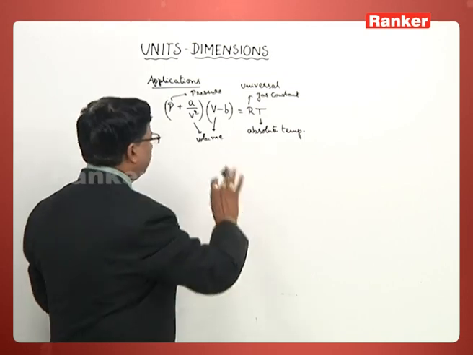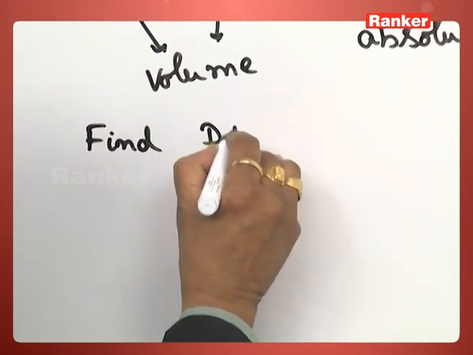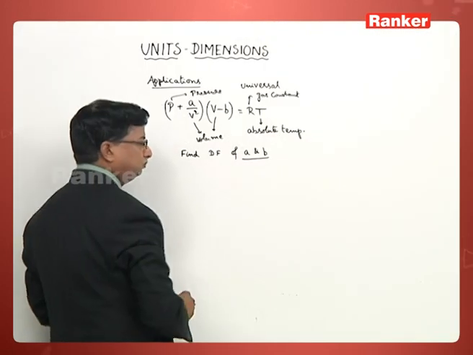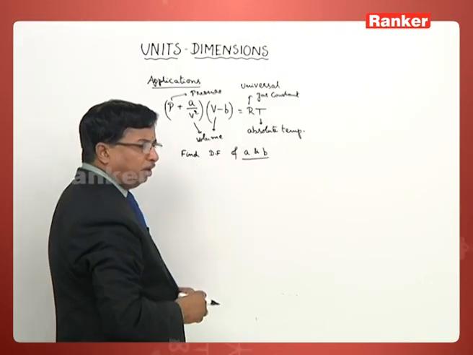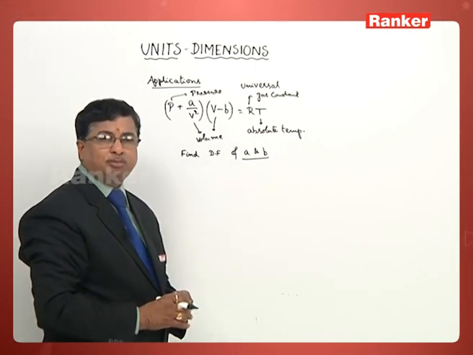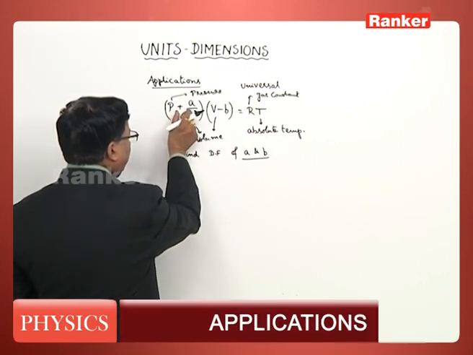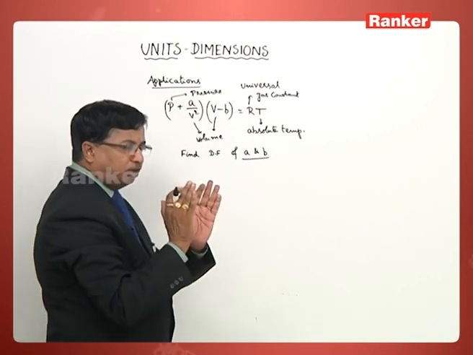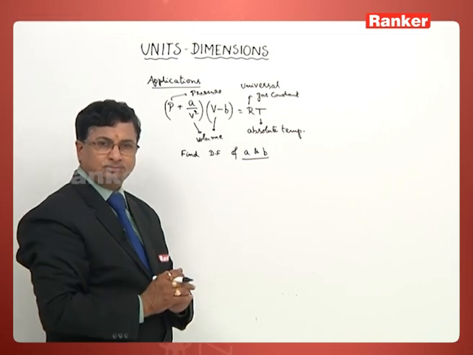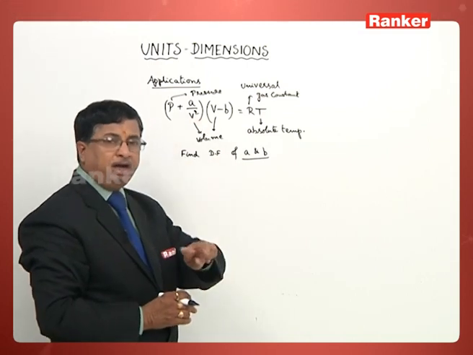The question they can ask you is, find the dimensional formulae of A and B. What is the dimensional formula for A? What is the dimensional formula for the quantity given as B? If you look carefully, P plus A by V square is one single term in that equation.